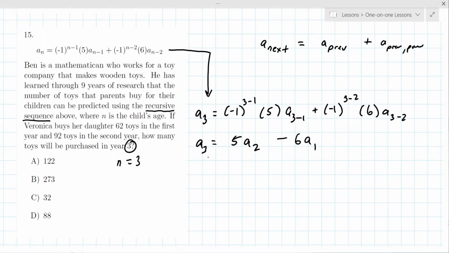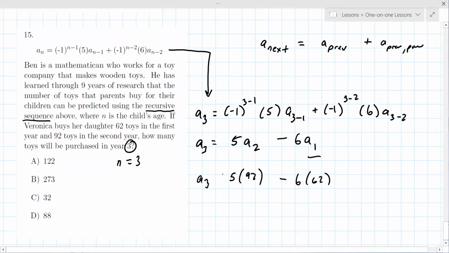Okay, do we know how many toys were bought in year 1? Yeah, 62. Do we know how many toys were bought in year 2? 92. No calculator.